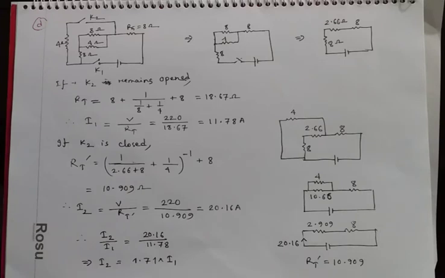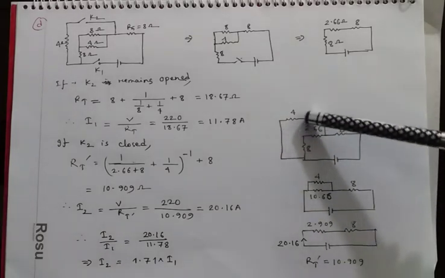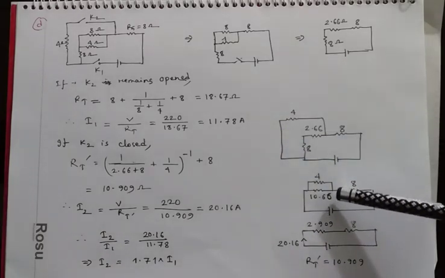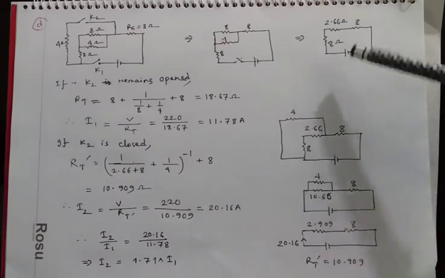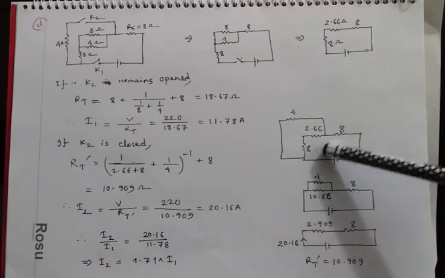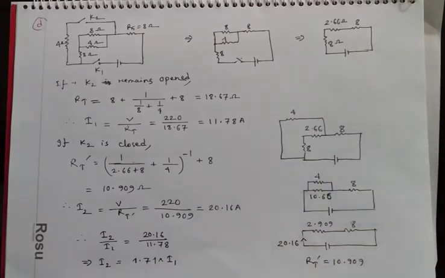The difference is that here the 4 ohm resistor will be in parallel with this combination. That means we get a change in the total resistance, or equivalent resistance, of the circuit.